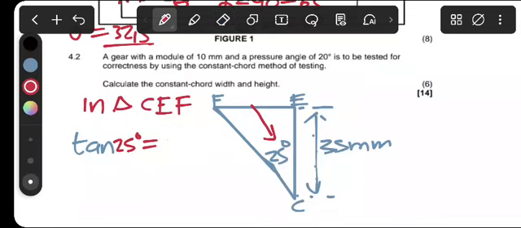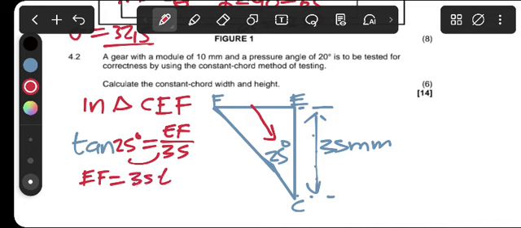So looking from the things there, that will be our opposite. Here we'll have EF on the top, then divide by 35. We want EF, so we multiply, and EF equals 35 multiplied by tan 25 degrees.